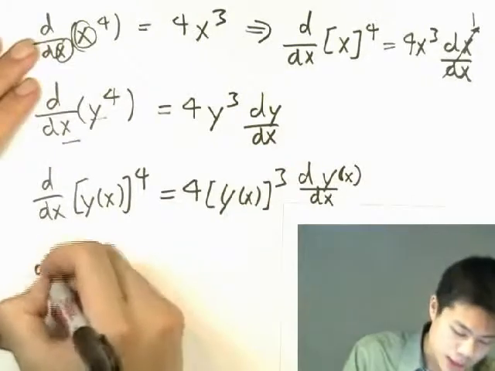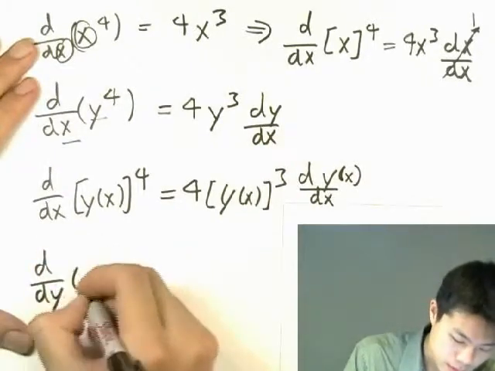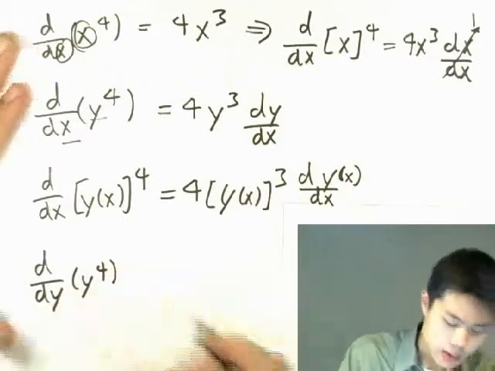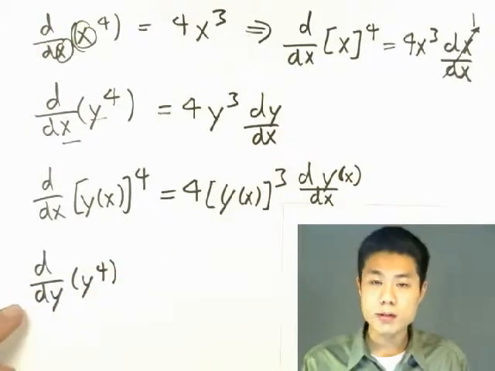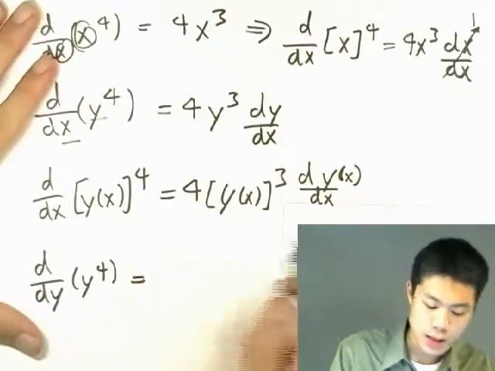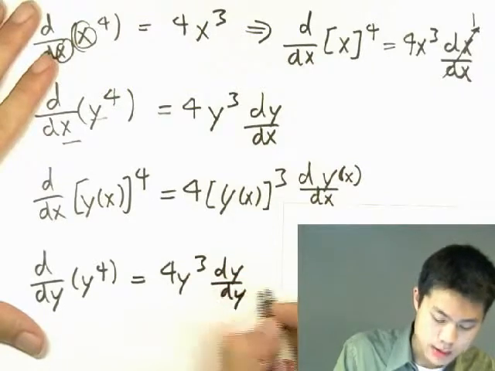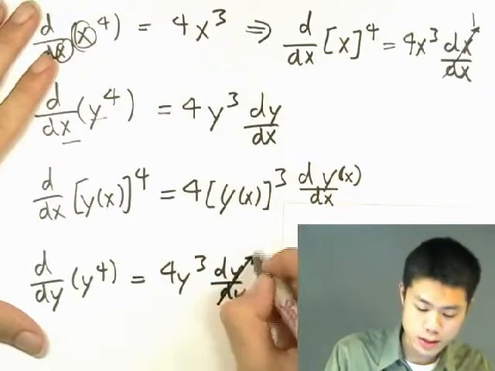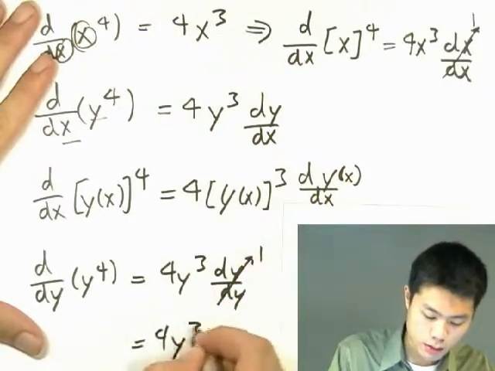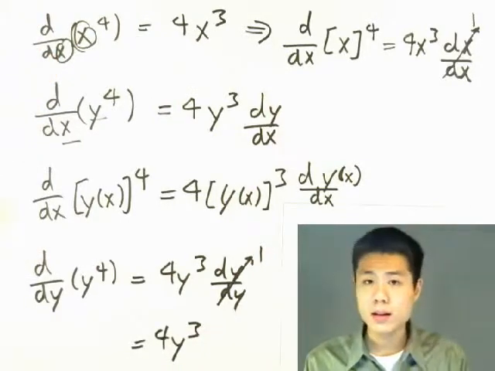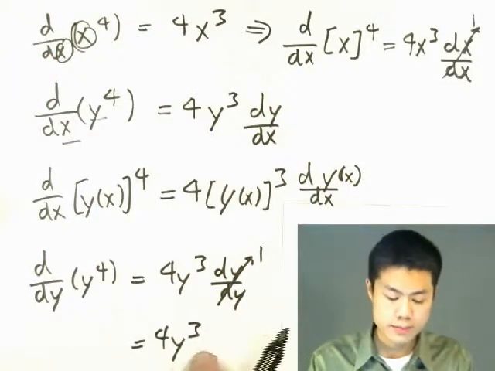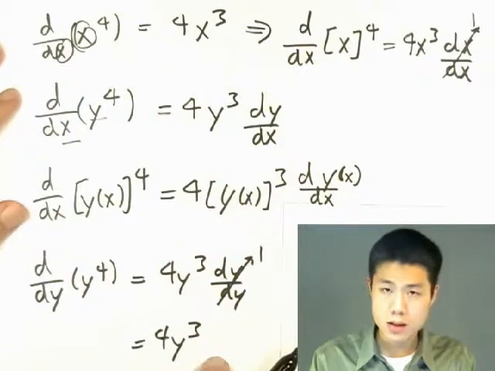But what if I asked you to find the derivative of y to the fourth with respect to y? Then it would simply be, since dy over dy is 1, 4 times y to the third.